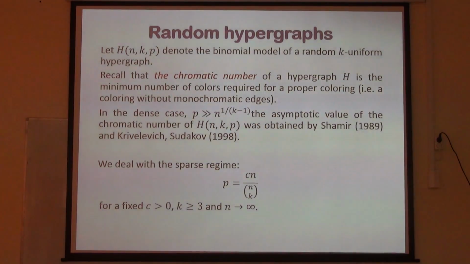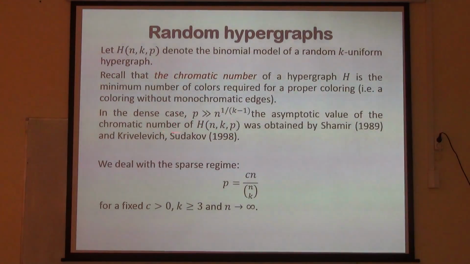We are interested in the chromatic number of a random hypergraph, the minimum number of colors required for a proper coloring. Proper means that there are no monochromatic edges.